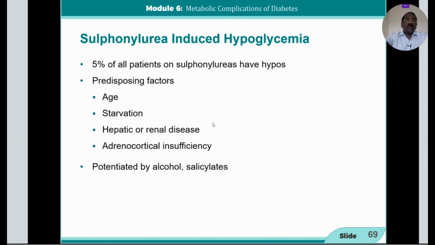Most of our patients in rural India are on sulfonylureas, so 5% is a very, very high number. The predisposing factors are mostly age, starvation, hepatic or renal disease, and adrenocortical insufficiency, potentiated by alcohol and salicylates.